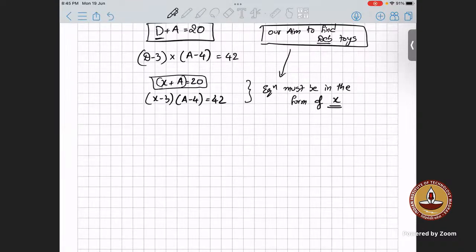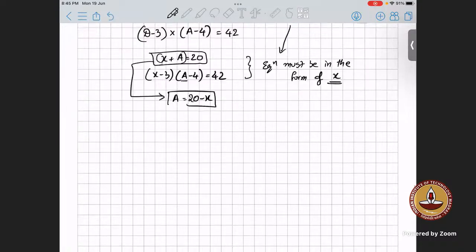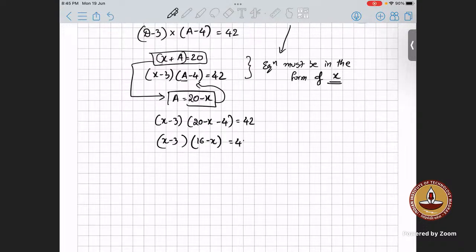So you have to remove A to achieve this. In the form of X, you have to remove A. So A equal to 20 minus X. Agree? From this, now substitute here. X minus 3 into 20 minus X minus 4 equal to 42. X minus 3 into 16 minus X equal to 42.